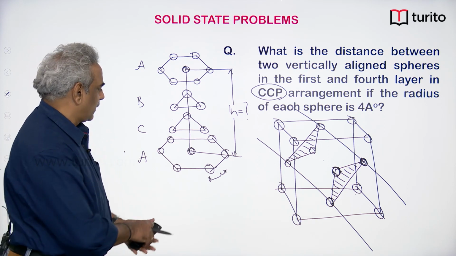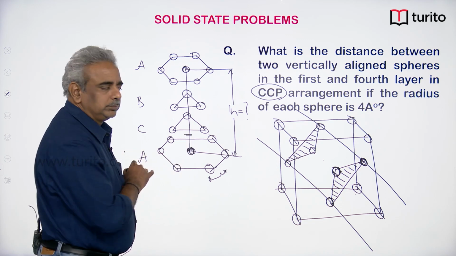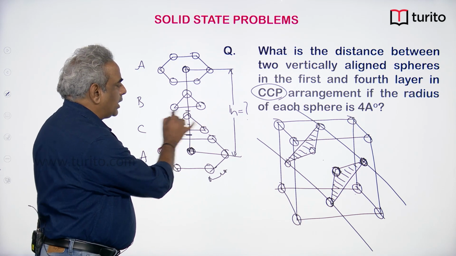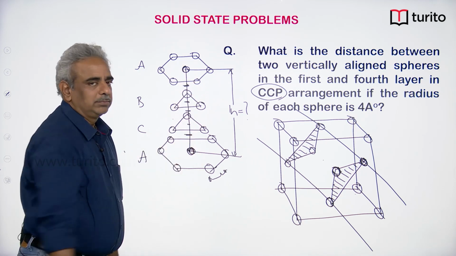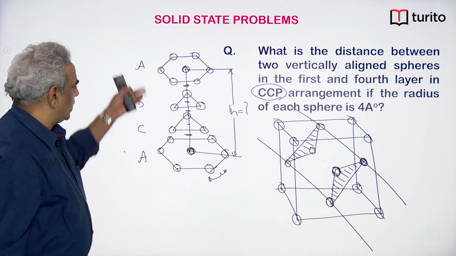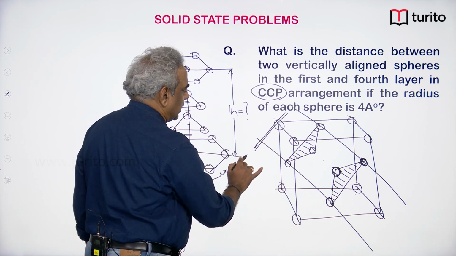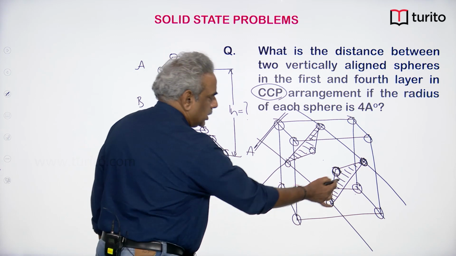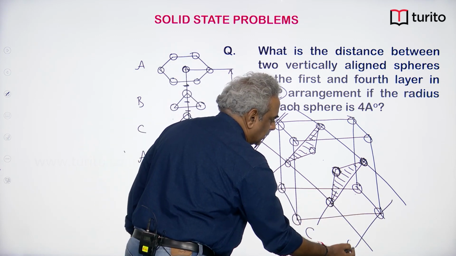Why? Sphere, tetrahedral void, triangular void, octahedral void, triangular void, tetrahedral void and a sphere. So, A, B, C, A. This layer is A, this layer is B, this layer is C, this layer is A again.